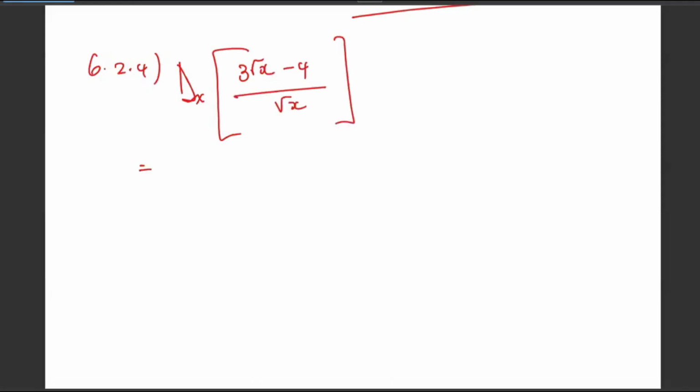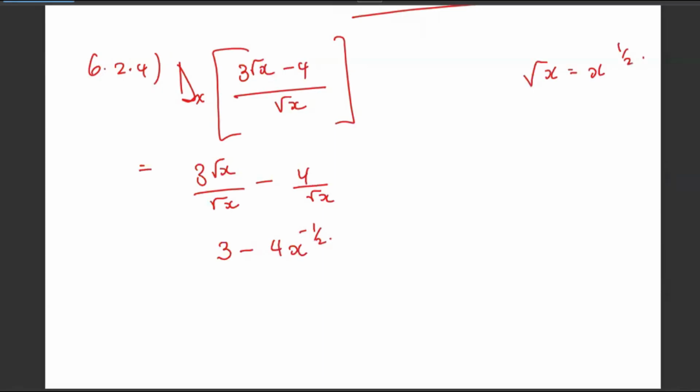Okay, so what I'll do, split this up first. So it's 3 root x over root x minus 4 over root x. So that cancels. We have 3 minus 4x to the negative a half, because we know that root x is the same as x to the exponent of a half.